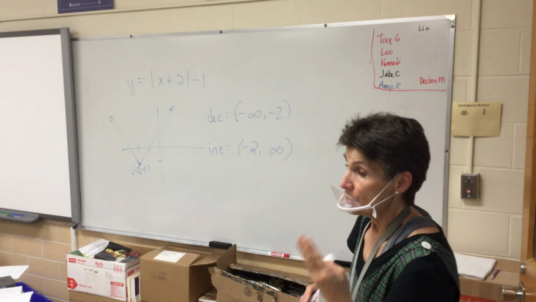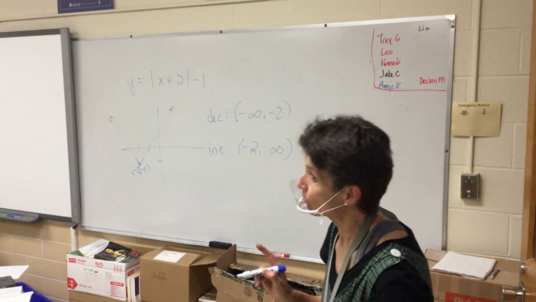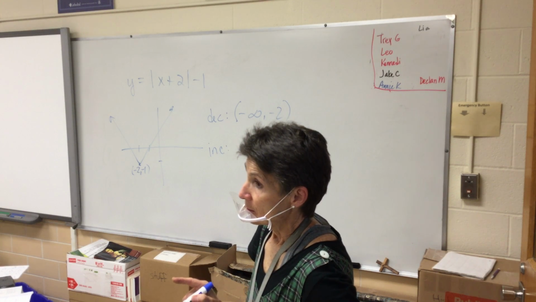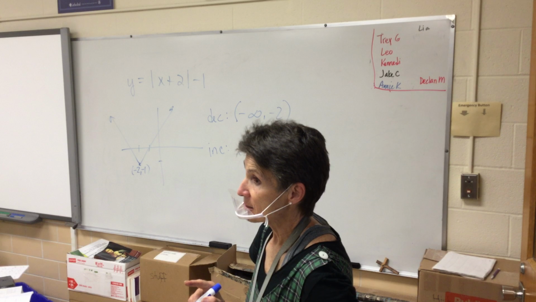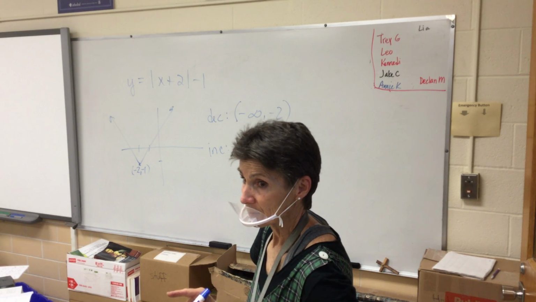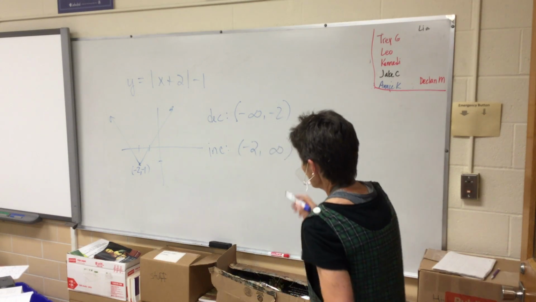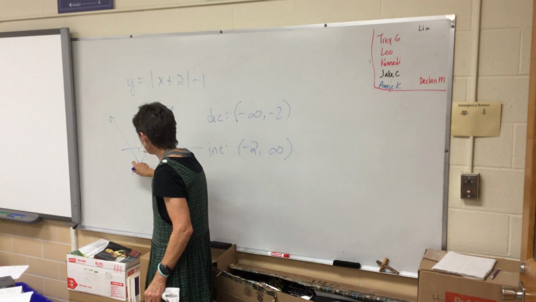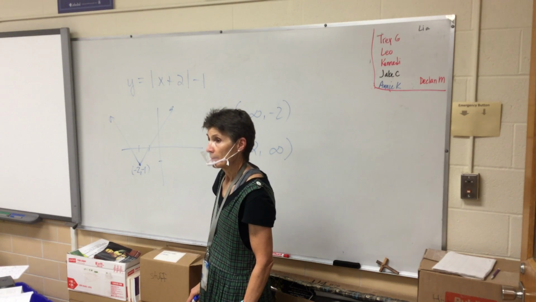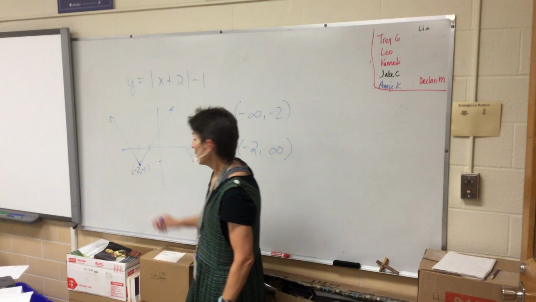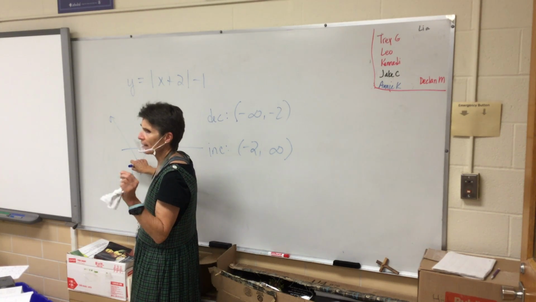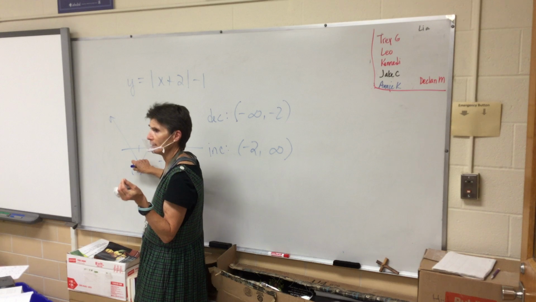Now, notice that I used parentheses. I know part of that makes sense. We always use parentheses with the infinities, right? Anybody want to explain why I used a parenthesis here and not a bracket? What is happening at this point? Is my pencil going up or down at this point?